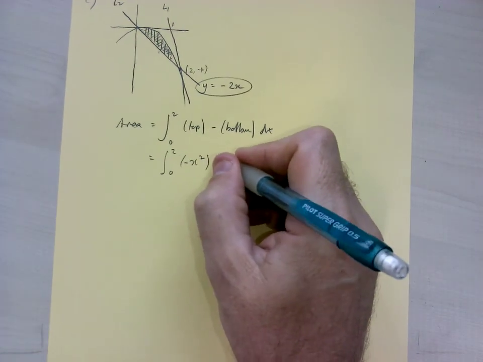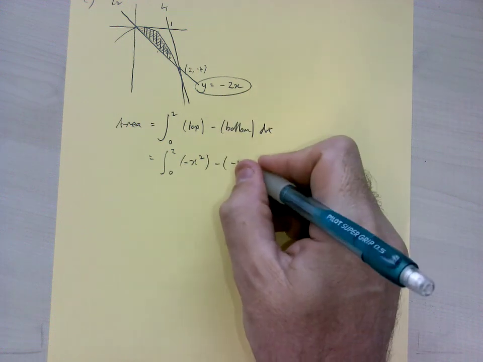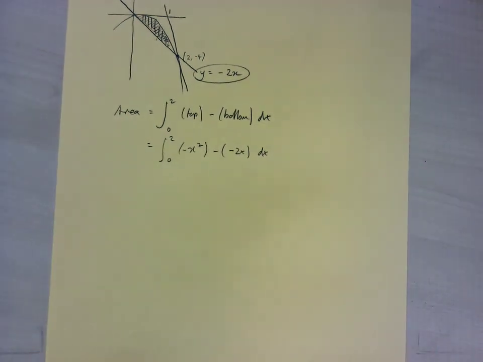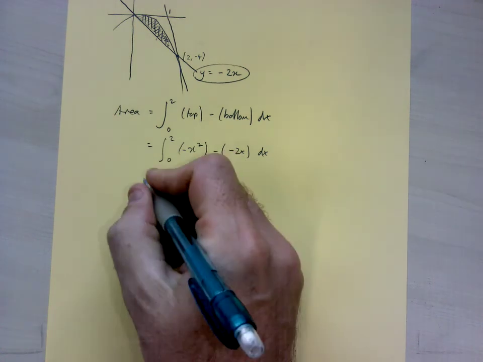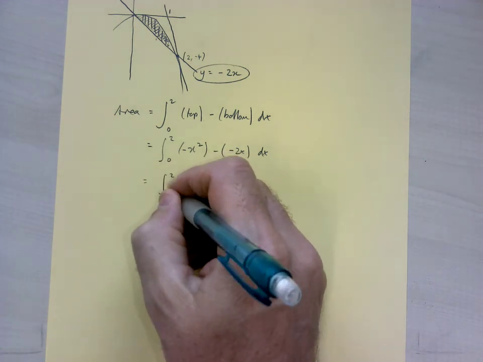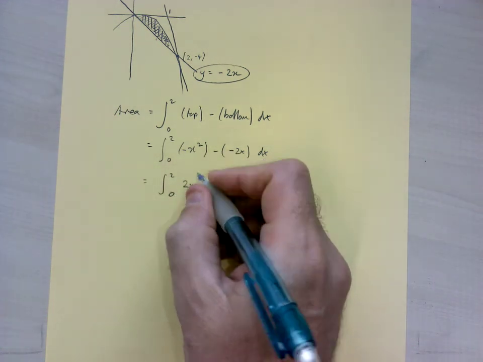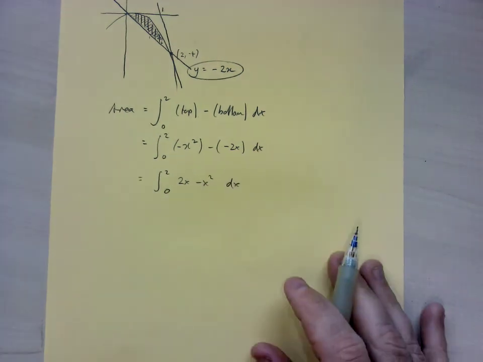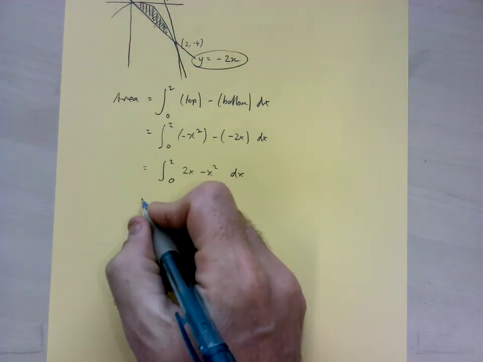The bottom curve I've just worked out was minus 2x, with respect to x. Got a lot of minus signs flying around in there, which I don't like. So I'm going to rewrite this as plus 2x minus x squared with respect to x. And now I can do this integration.